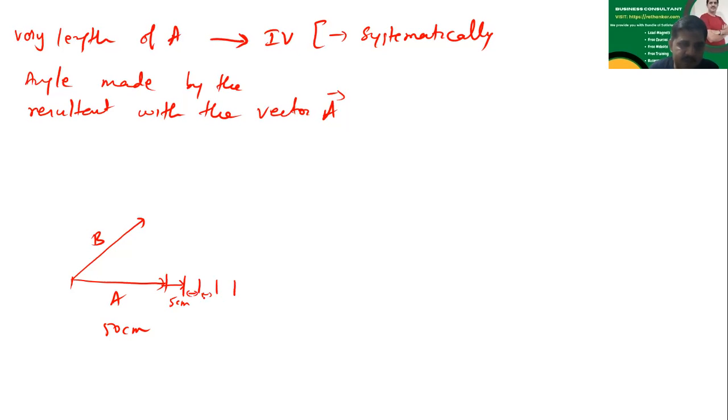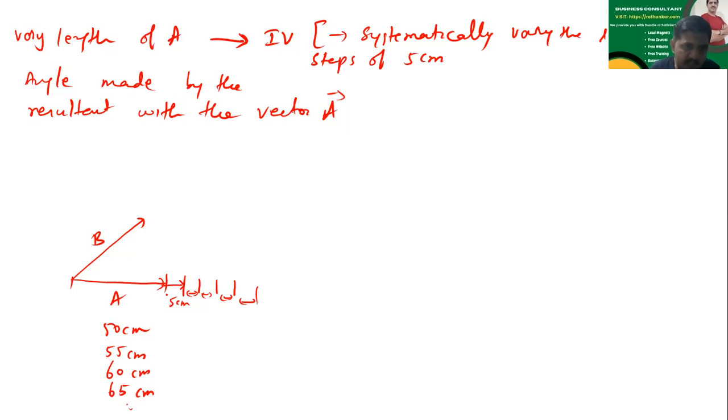Between every observation, my variation is only 5 centimeters. So your first observation would be 50, the second 55 centimeters, the third 60, the fourth 65 centimeters, and so on. So now you are going to systematically vary the length in steps of 5 centimeters.